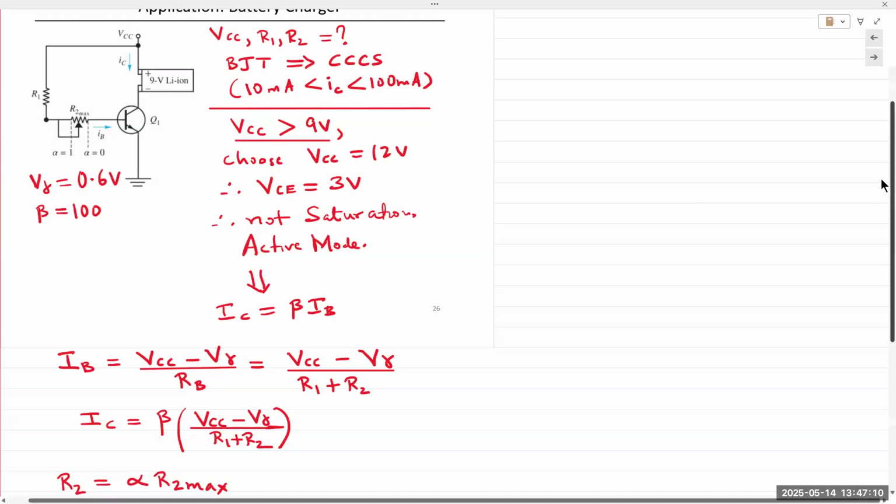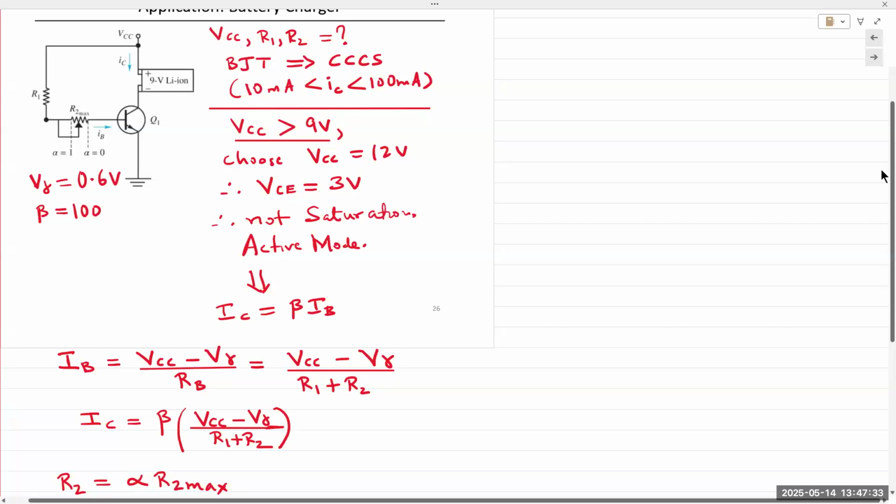So if we choose VCC of 12 volts, no matter what VCC we choose, a transistor is not going to be in saturation. For a transistor to be in saturation, your VCE sat, meaning the voltage at the collector, would be about 0.2 volts.